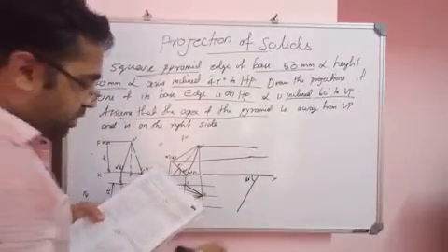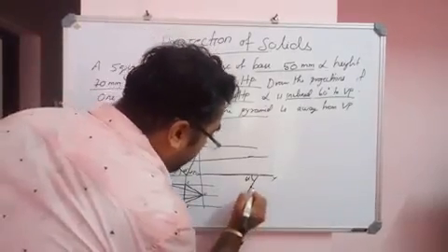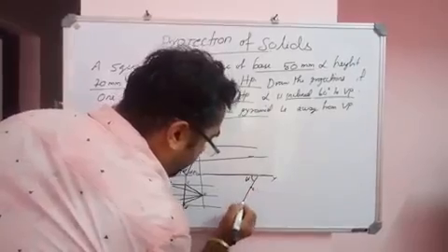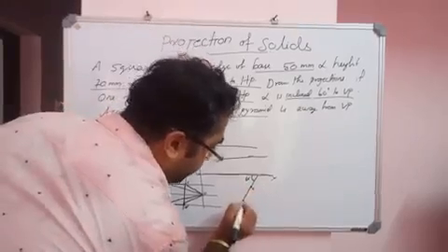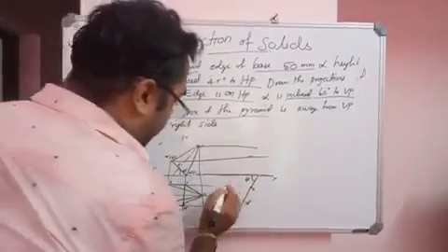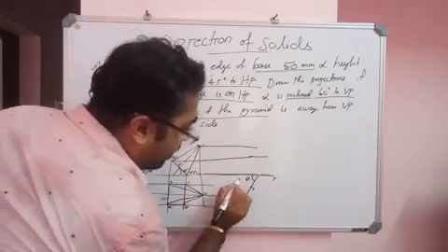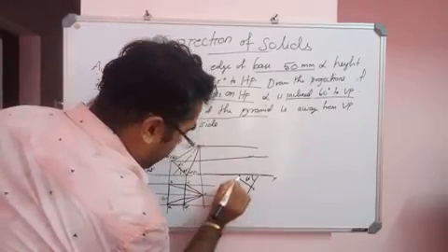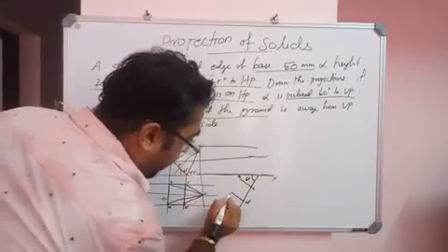This point I am taking as C, and this CD distance I am taking here, and the same for this AB distance. The BC distance I am taking here, and exactly the same for AD.